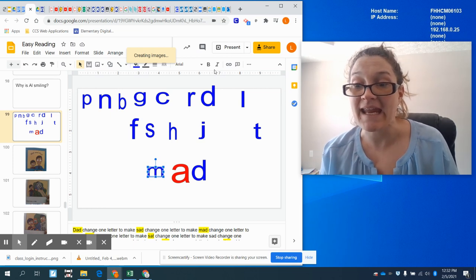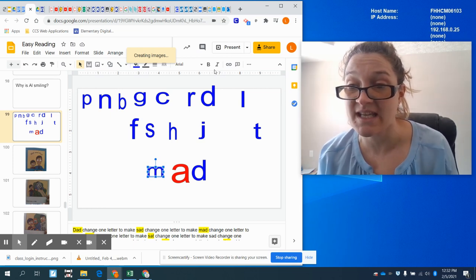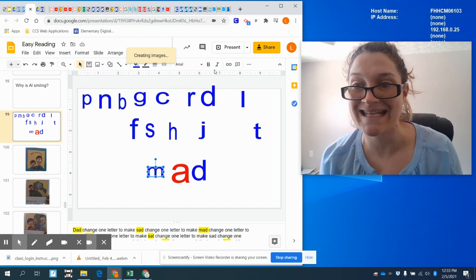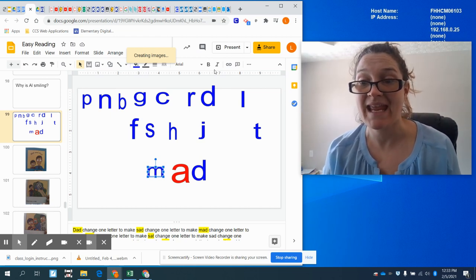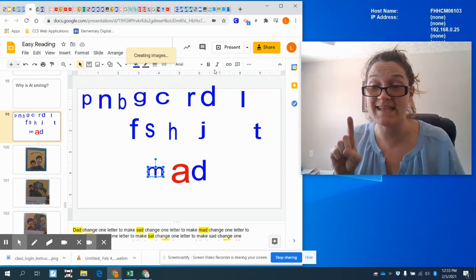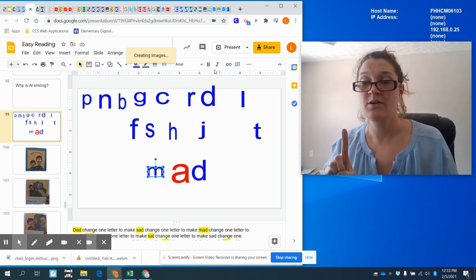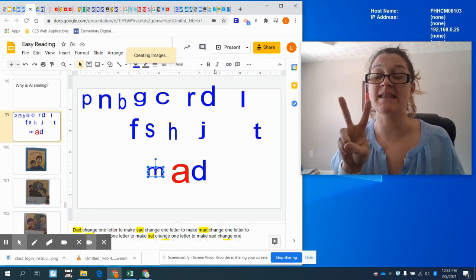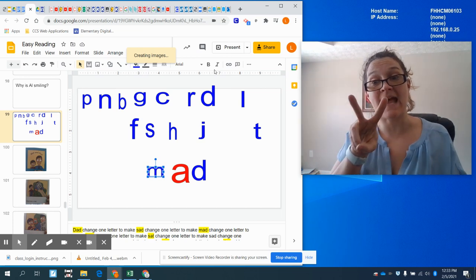All right. The question's going to pop up, what place is the sound different in Matt and mad? Is it the initial sound, which means the first one? Is it the sound in the middle or the second sound?